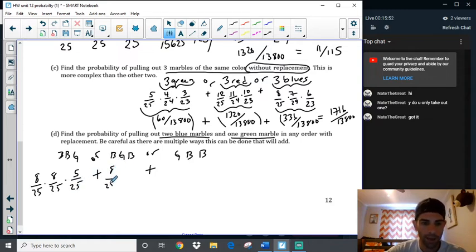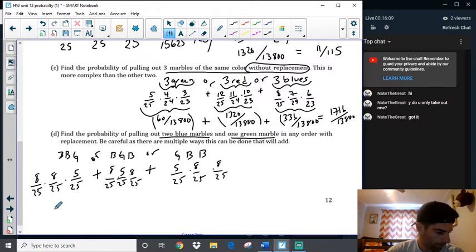8 out of 25 times 5 out of 25 times 8 out of 25. Here's 5 out of 25 times 8 out of 25 times 8 out of 25. Now again, you multiply this out, and that's going to be 320 over 15,625.